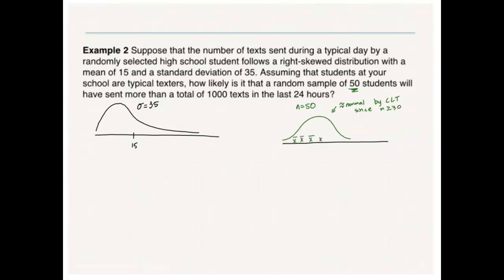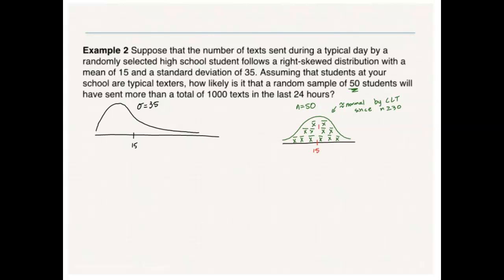So if I looked at the average number of texts sent by 50 students, here's what I know about that distribution. It should be approximately normal. It'll center over the true population mean, which will be 15.